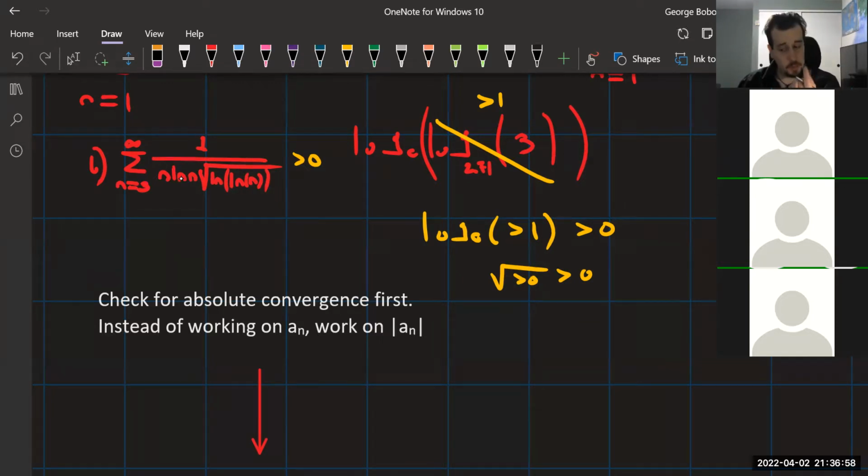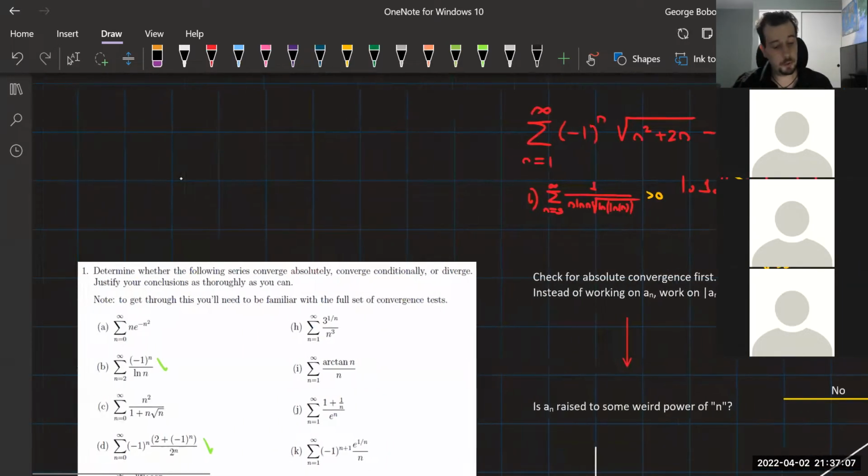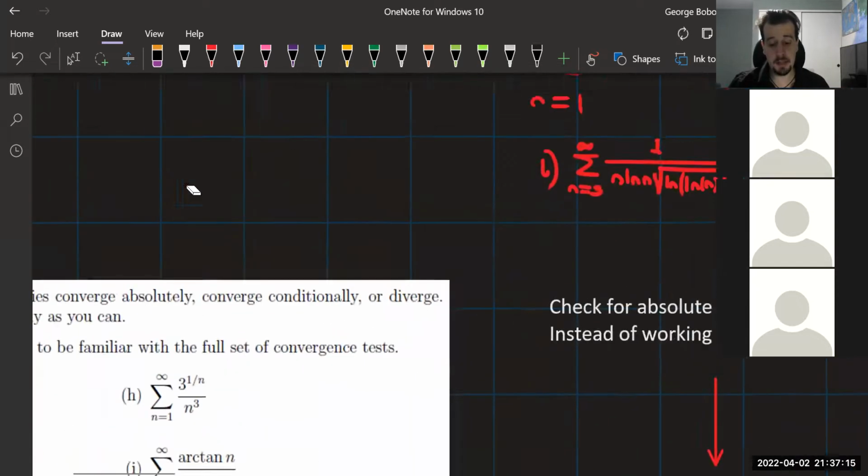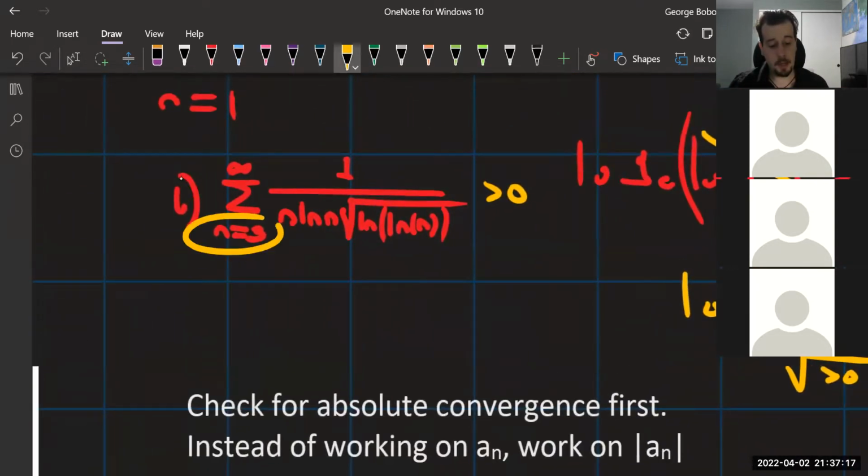So you need a little bit of that intuition, right? Like how different values of n affect things. Didn't I tell you, I swear to God, I started the recording and I was like, pay attention to this guy because he's going to tell you if all of the terms in your series are positive. Here we're doing it again. I'm checking the bottom guy to see if the very first term is positive, and if so, and all of these functions grow with n, then everybody is going to continue being positive for all values of n.